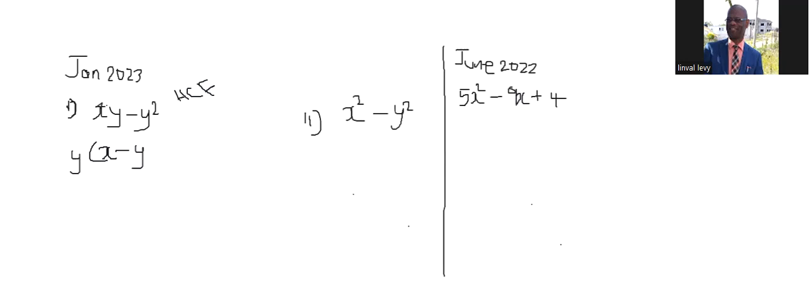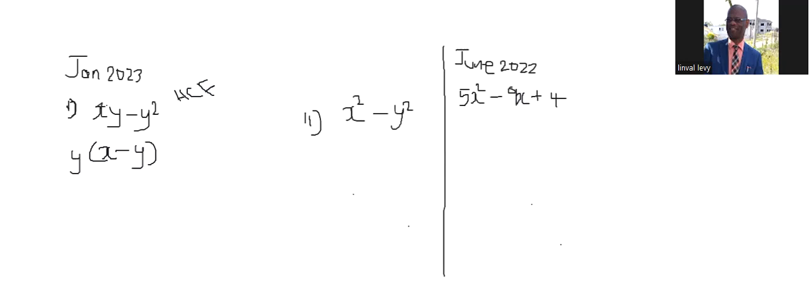Then we can work backwards to check our answer using the distributive law. y times x would be xy, and y times y would be y squared. So that would be your answer: y into x minus y.